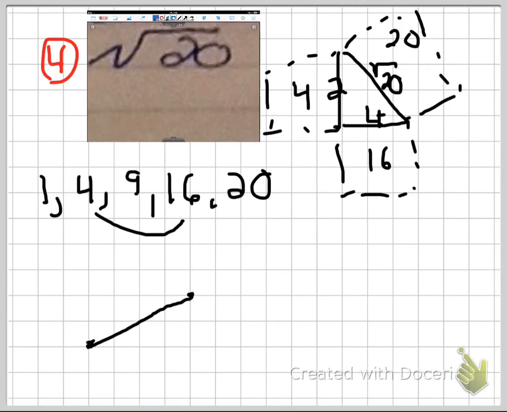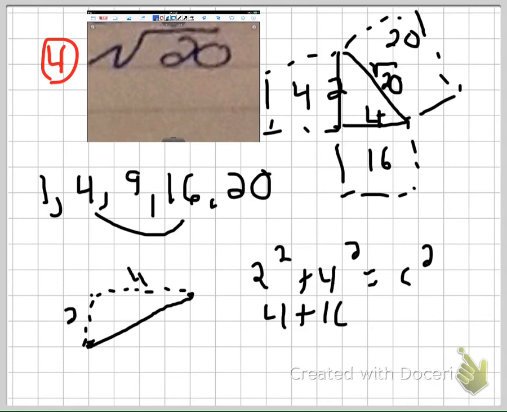Now I'm going to prove it to you by using the Pythagorean theorem. So the leg here is 2, and the leg here is 4. 2 squared plus 4 squared equals C squared. 4 plus 16 equals C squared. 20 equals C squared. C, whoops, we square root that.